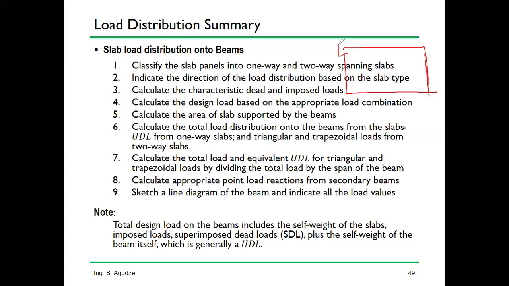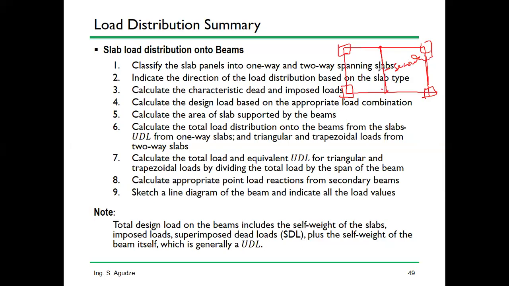So if let's say you have a column here, a column here, a column here, and a column here, all these beams are primary beams. If there's a beam here, this beam is now supported on these primary beams, so it is called a secondary beam.